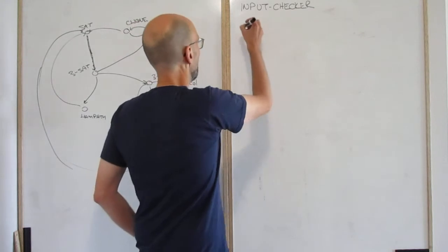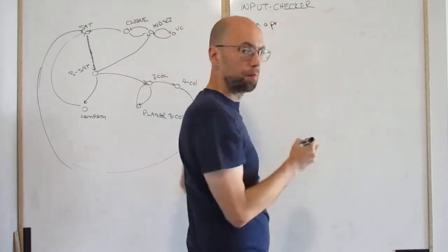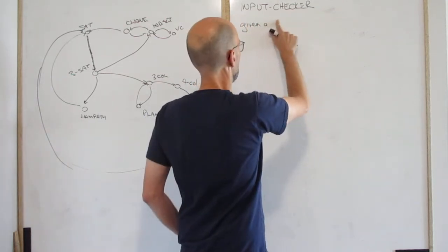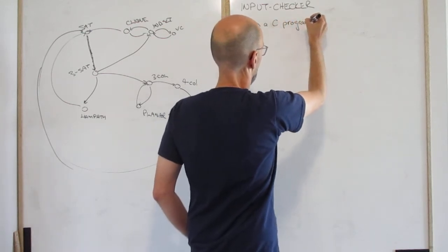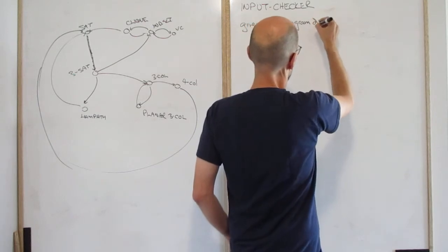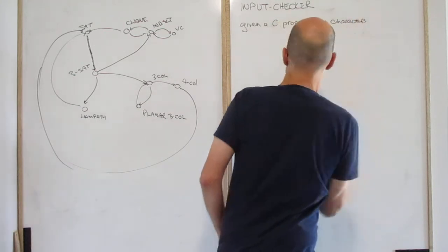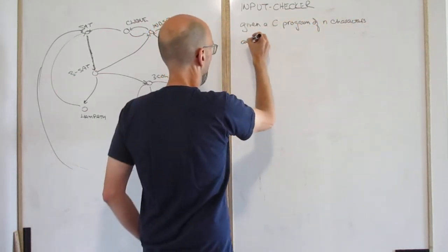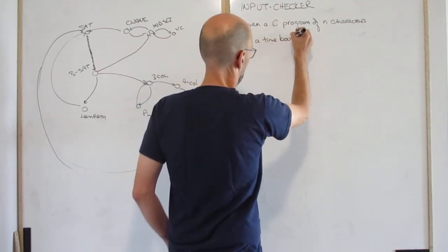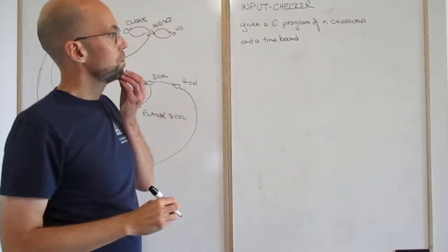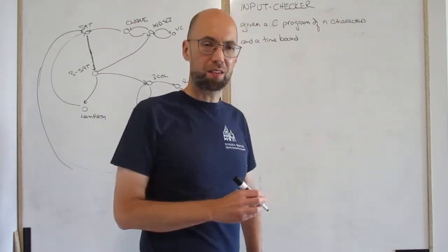Input checker is given a program, let's say it's a C program, because C is awesome, of n characters. And a time bound, let's say polynomial in n. I'm not sure if it makes sense to say that, but okay.